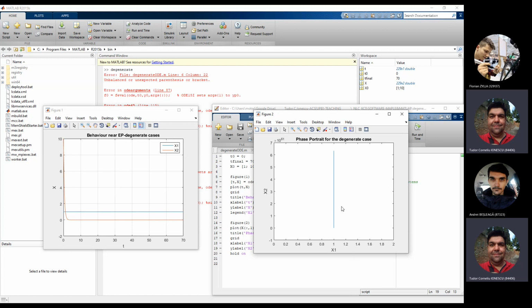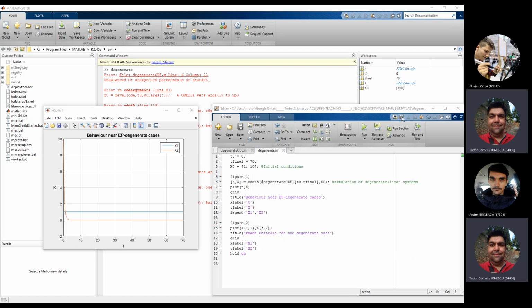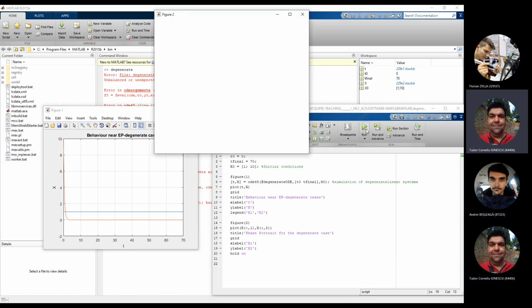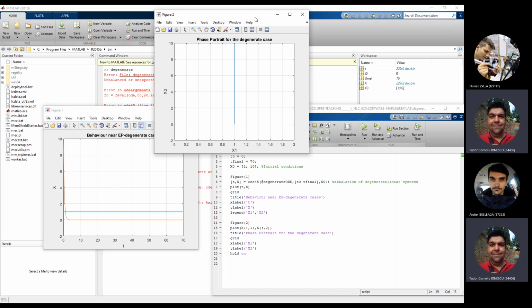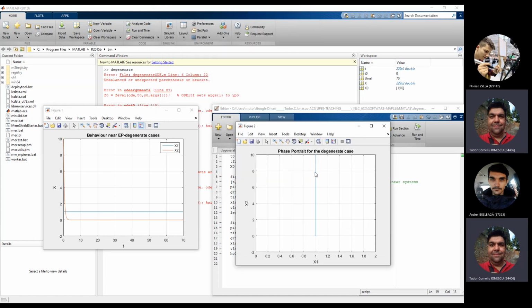It's going to the point 0 for X2 and 1 for X1. This is the equilibrium point. Let's run this again. Is it clear now? So this is the way from top to bottom. This is a degenerate case.